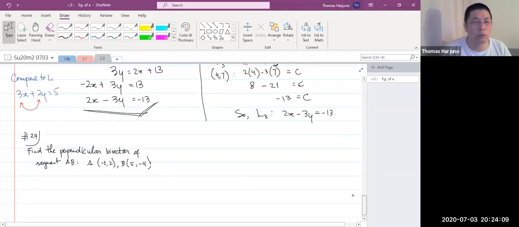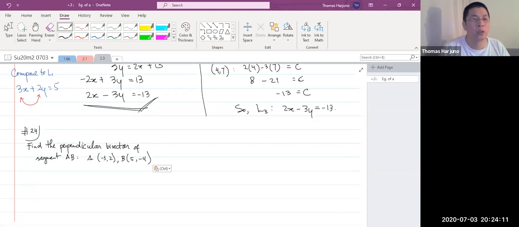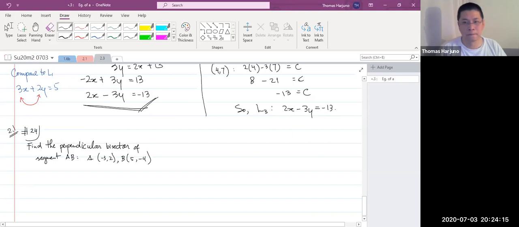So that's the question we get from 2.1. Like what I said earlier, we have point A here, that's -3/2. Point B here is 5, -4.